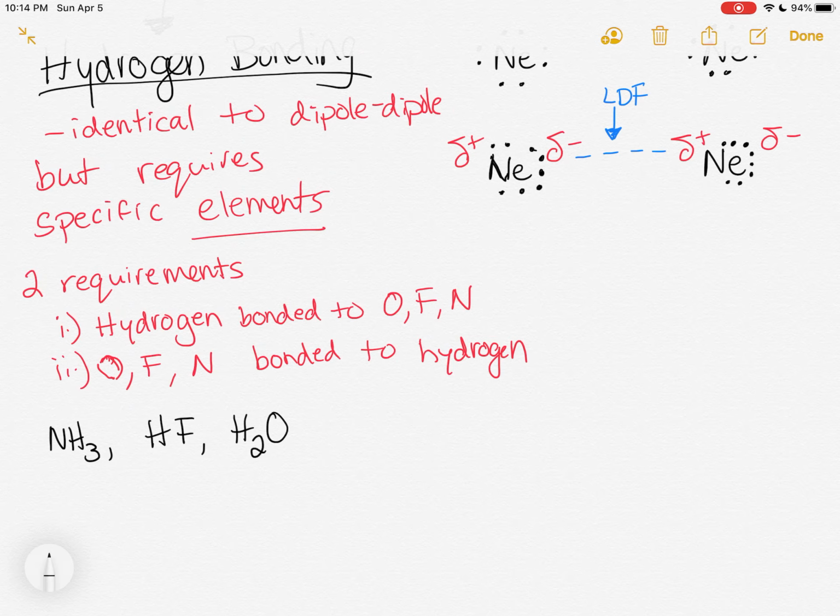So we're going to show the hydrogen bonding in H2O. And so we're going to draw our two molecules of H2O. So we know what our molecules of H2O look like. And remember that our H2O is polar.